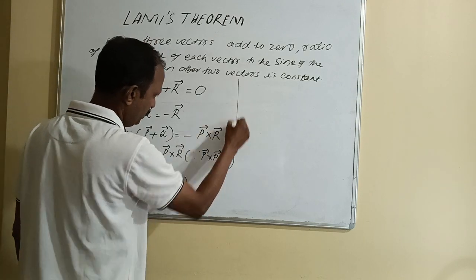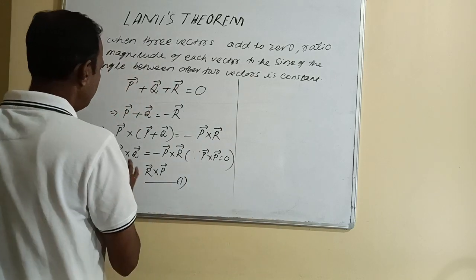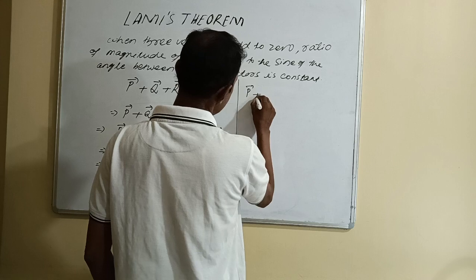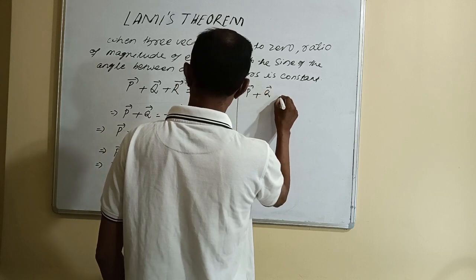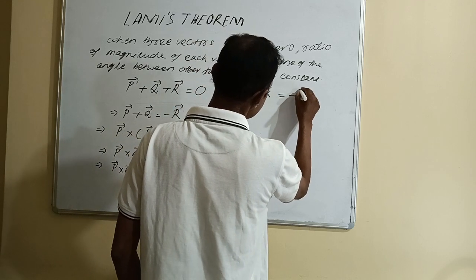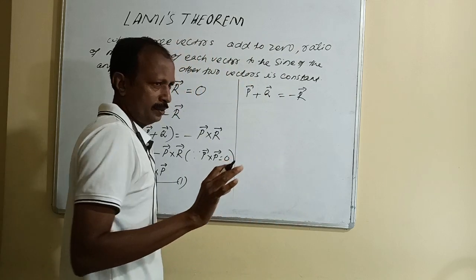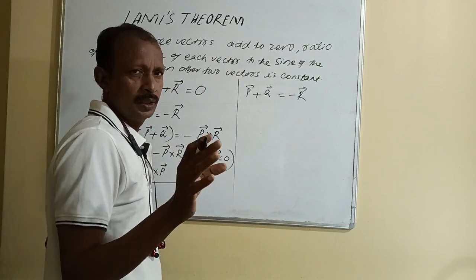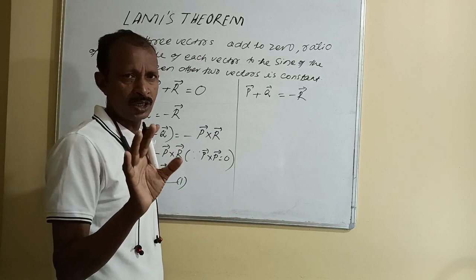Now you see that another equation I am making. So this is P plus Q is equal to minus R. Now what I am doing, I am multiplying vector Q both sides as a cross product.